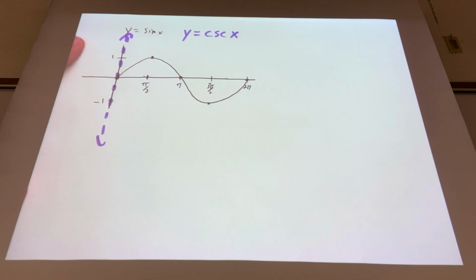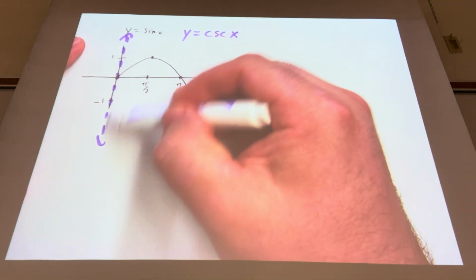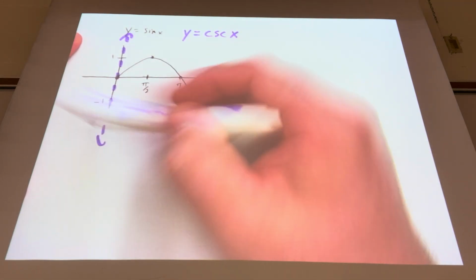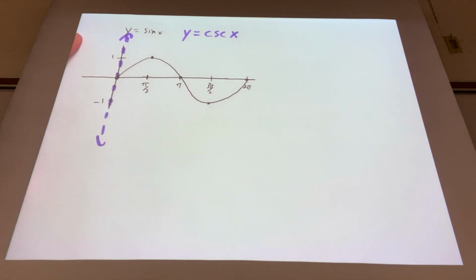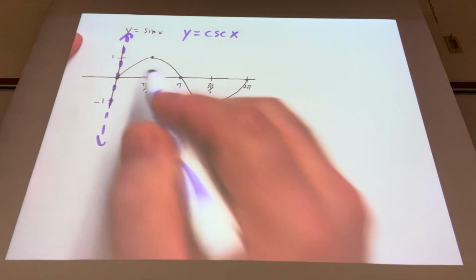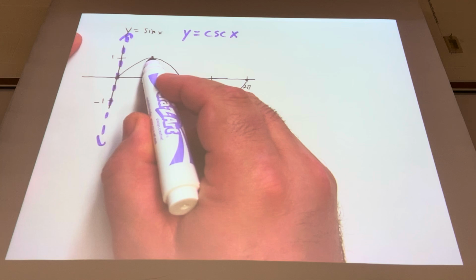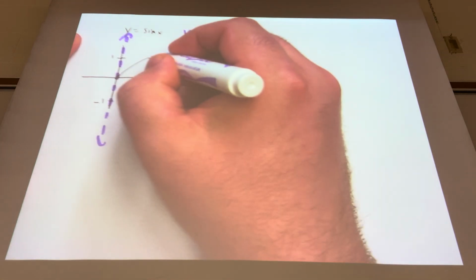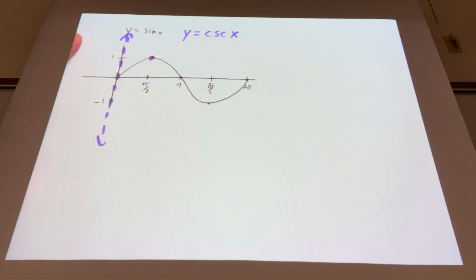So remember, when something's undefined, that was that vertical asymptote that we couldn't cross. Now, what's the reciprocal of 1? 1, so we see this point stays the same.